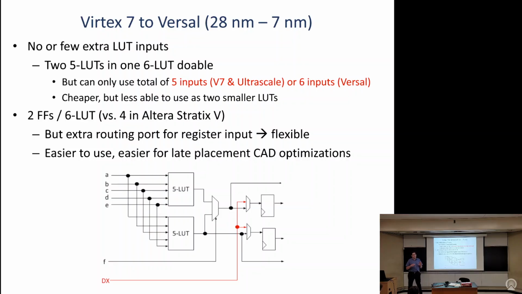So if we have all sorts of rules on which LUTs and which registers can go together, that packing step can handle it. And then we can finish off the placement and do the routing. Xilinx doesn't do as much packing. They more try to place the low-level primitives. And a benefit of that is that they can move these registers around more easily late in placement if they don't have as many constraints.